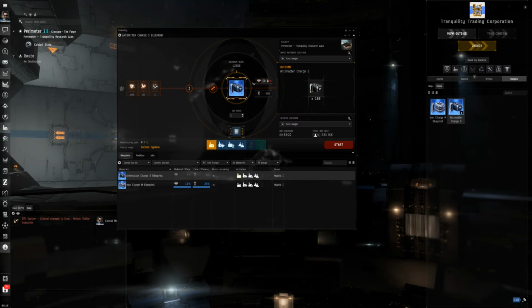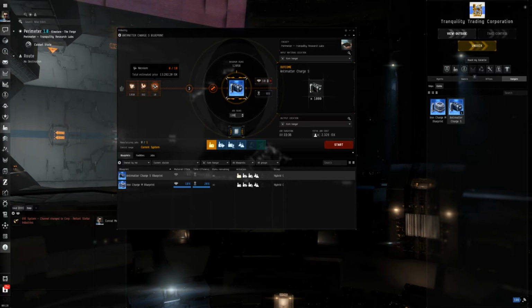So you may think that's hardly worth the effort. However, you should note that this scales obviously with the number of runs. So not for the noxium, because as I said, you always need 1 unit, but with the rest, you can see that the differences multiply.